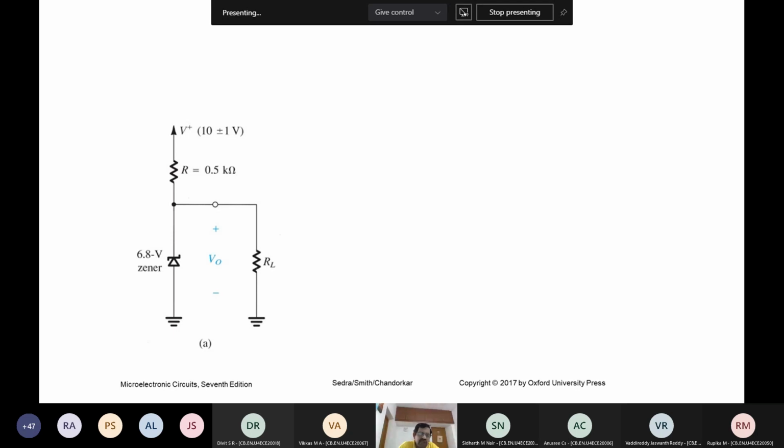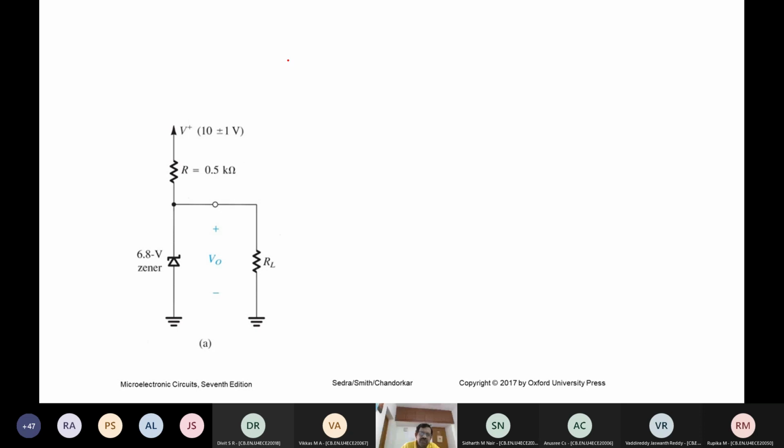The Zener diode has a nominal voltage. So first let me write the question.